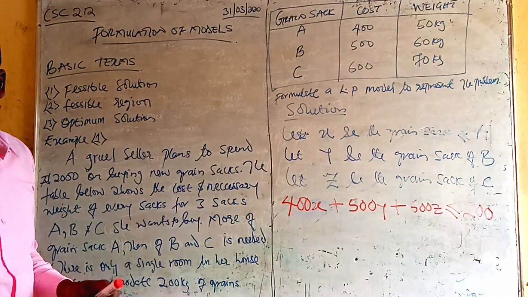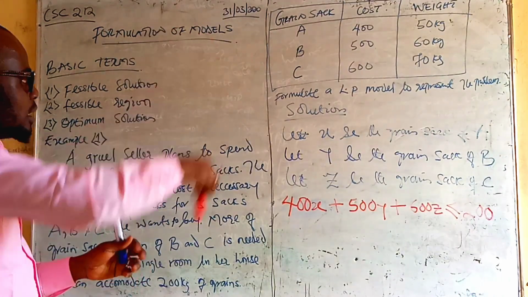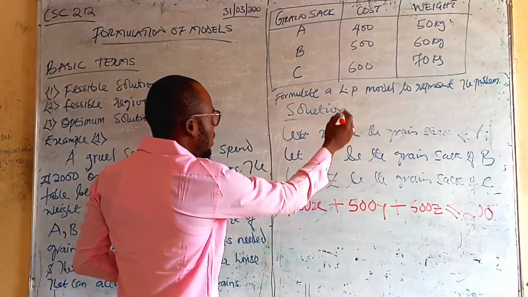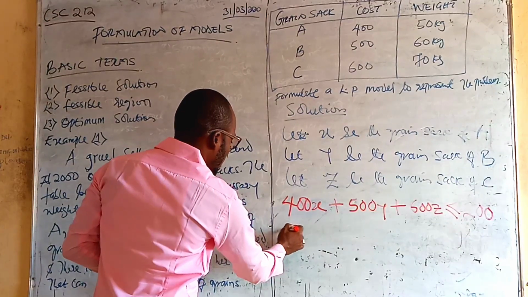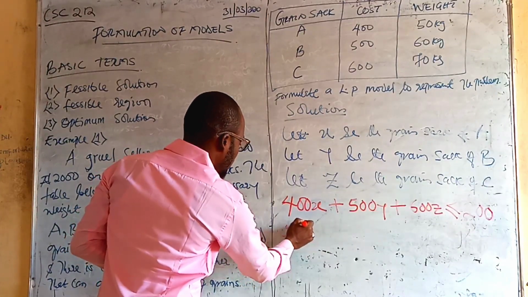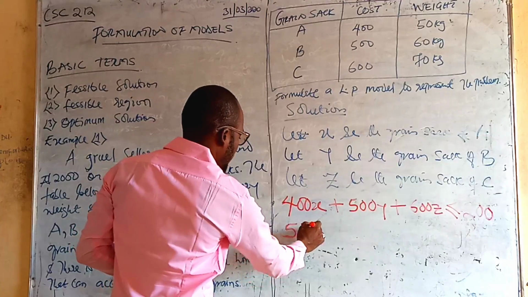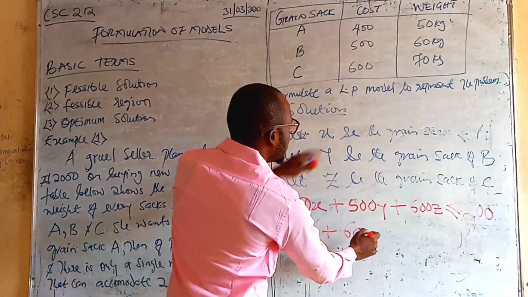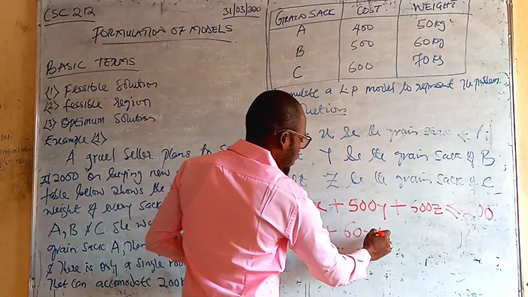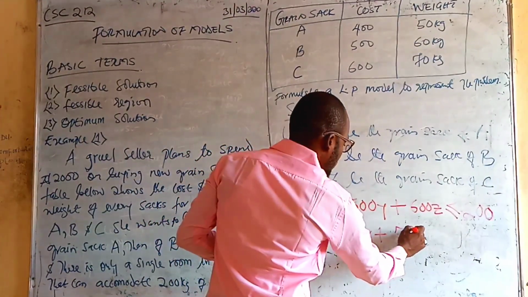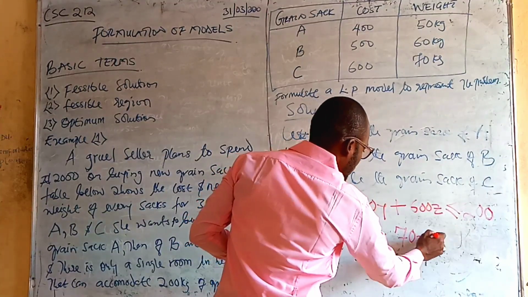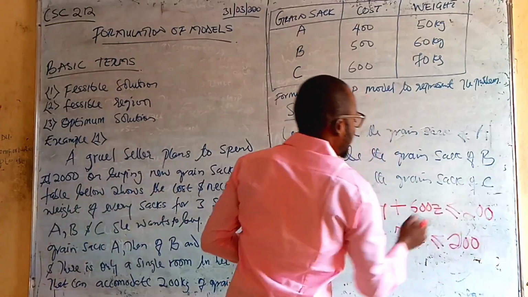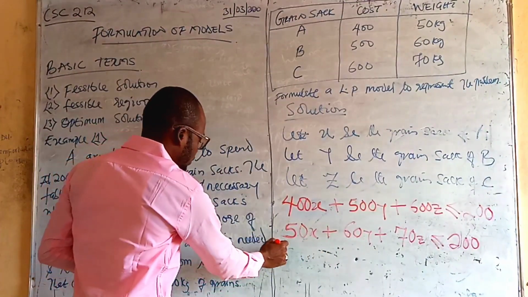Then the next segment, we are going to add the weight for each of the grains. We have to say that 50x plus 60y plus 70z is less than or equal to 200 again.